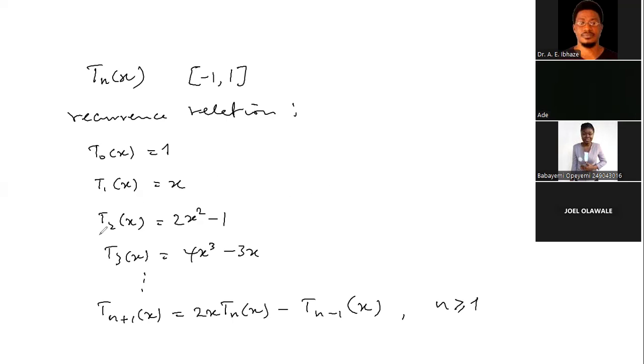And I also mentioned that the Chebyshev polynomial in the trigonometric form is the same as Tn of x being the same as cos(n cos inverse x), and x takes on values from -1 to 1. What is important to us when we consider Chebyshev polynomial approximation is that they help in minimizing the maximum error when approximating functions.